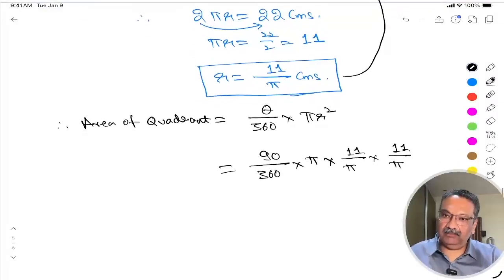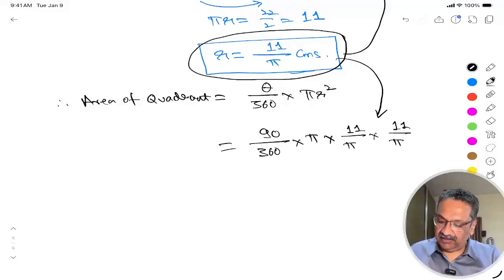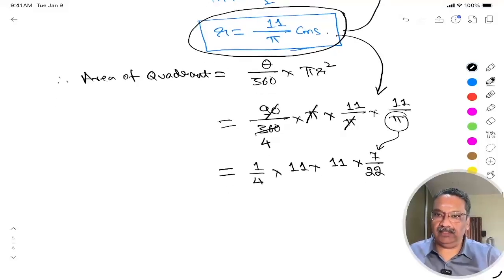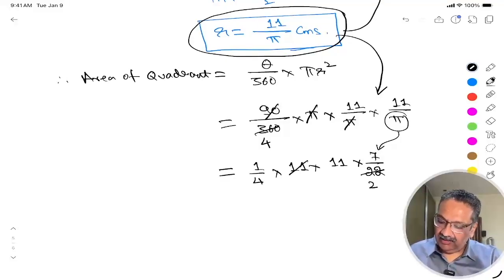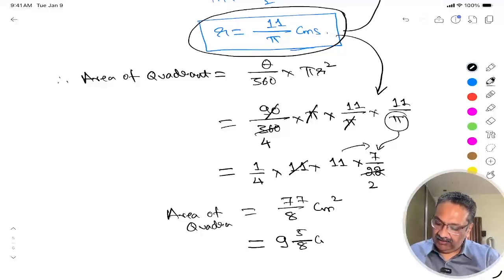Let us not expand and write it, because it is not the final answer. We can carry this so that our multiplication here becomes easier. Here, pi and pi cancel, right? So we get 1/4 into 11 into 11 by pi becomes into 7/22, 1/pi, since pi is in the denominator, it becomes 7/22. Now I get 11 1s are 11, 11 2s are 22. So the answer is 11 into 7 is 77, 77/8 centimeter square. So area of quadrant is 77/8 centimeter square. You can also write this as 9 and 5/8 centimeter square.